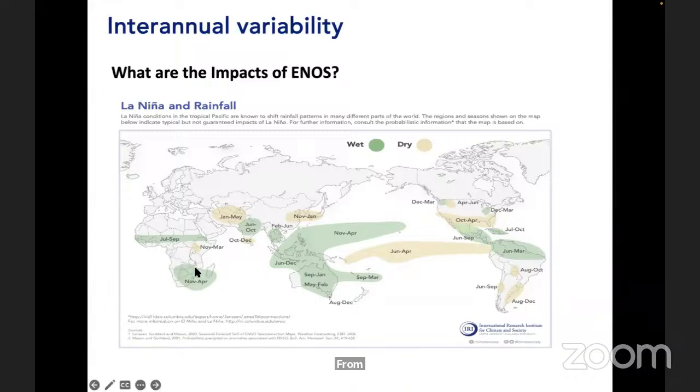But it's good for Southern Africa, during November to April. It's also good for the summer monsoon region all the way from Senegal to Ethiopia during June, July. That's why, as I told you, Ethiopia had so much rainfall during 2020, I think 2022.